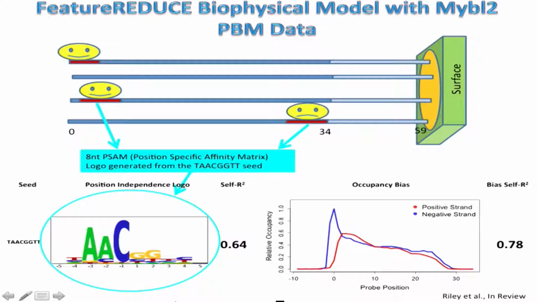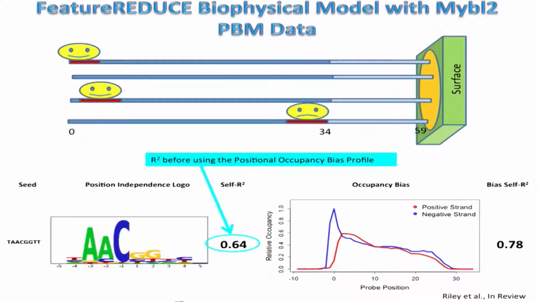Right? And now if we look at the self R squared using our positional independence model, we see that our biophysical model, just using the positional independence model, explains 64% of the variance in the data, which is pretty good.